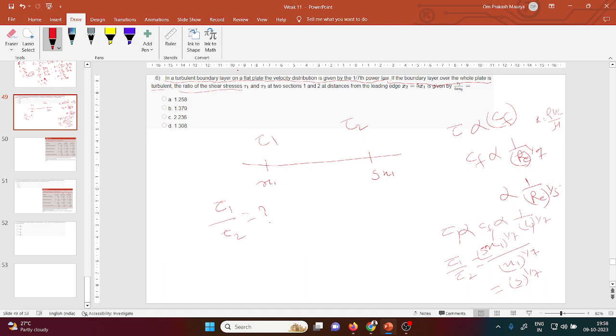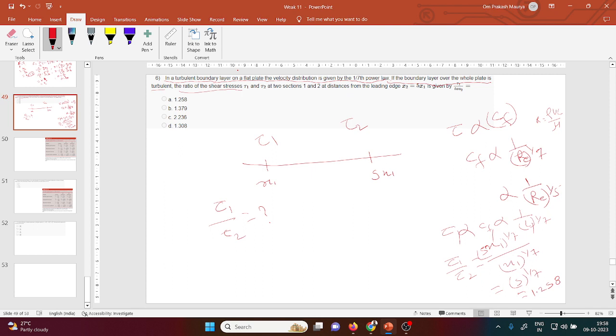How much will you get, Pradeep? You just tell. 5 to the power 7. 1.258. If you solve using this 1 by 7 power law, your answer will be 1.258.